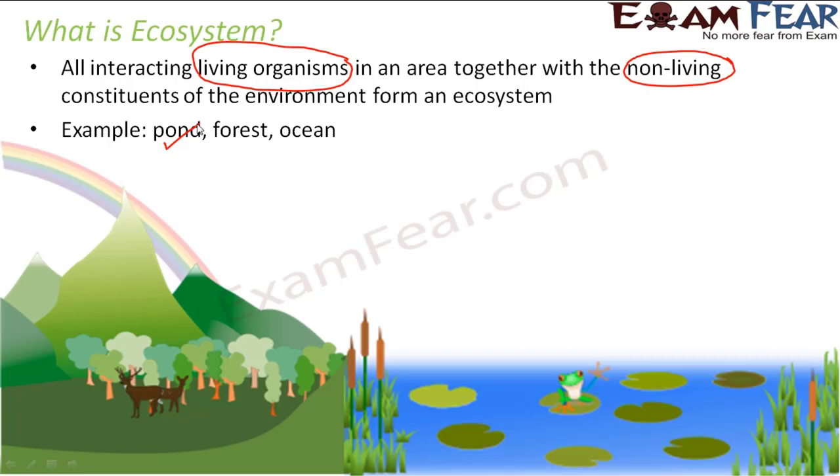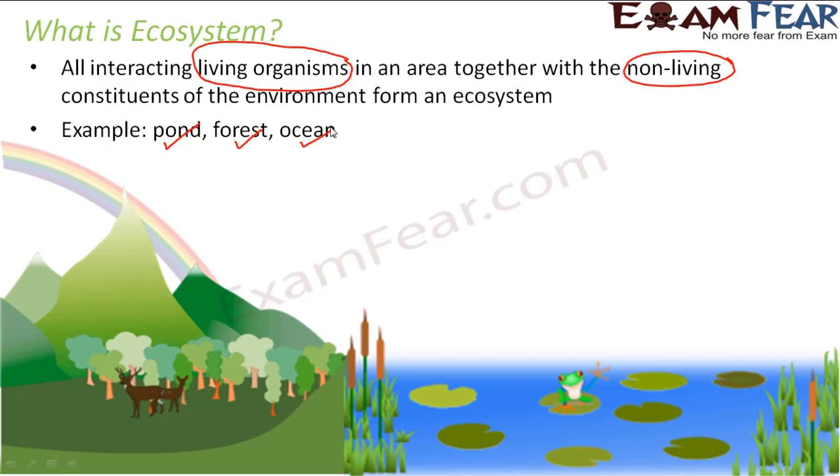So these non-living components also exist. Now, do you think that if the non-living components are not there, the wildlife will exist in forest? No. Right? So pond, forest, ocean, these are all examples of ecosystems. I hope you are able to get some idea about what an ecosystem is.